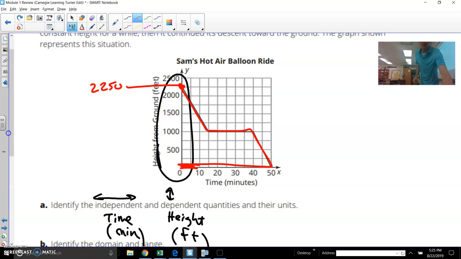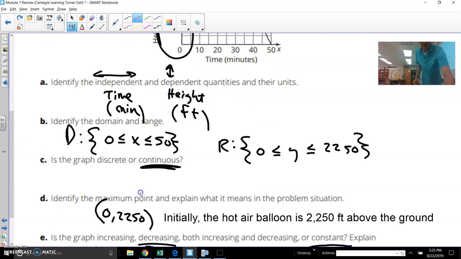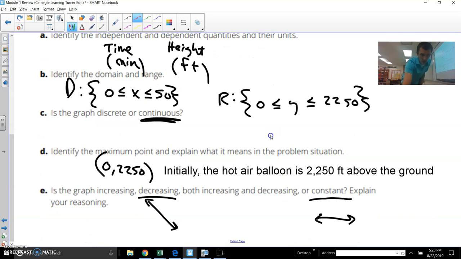Okay. So let's keep moving there. If I was asking about the maximum point, that initial point on the top left is (0, 2250). And initially, the hot air balloon is 2,250 feet above ground, so that would be what it represents in the context of the hot air balloon. Is it increasing, decreasing, both, constant?